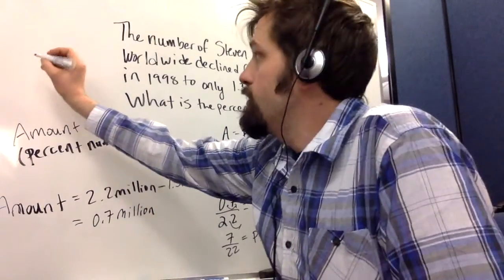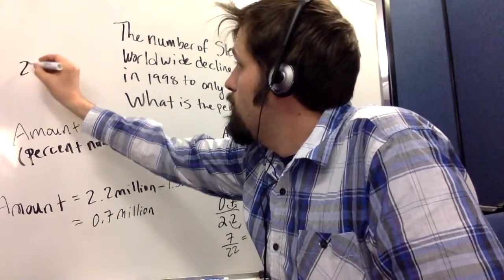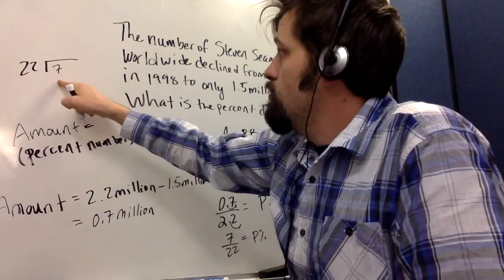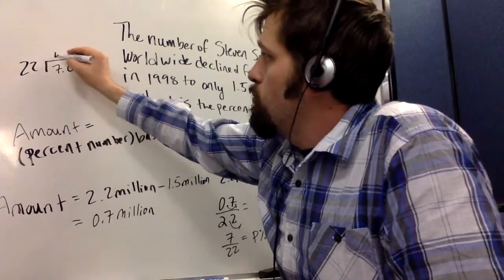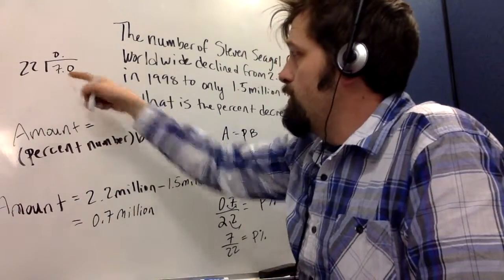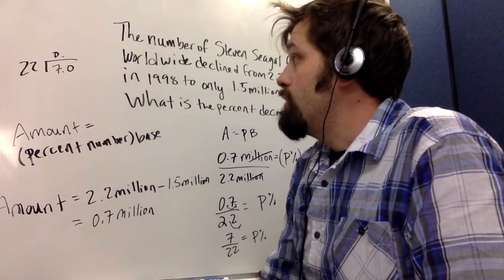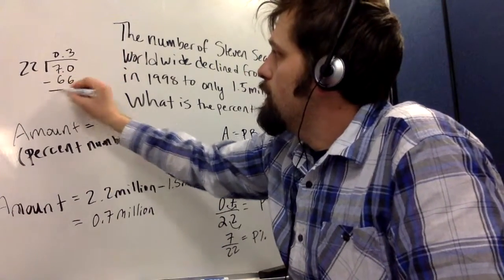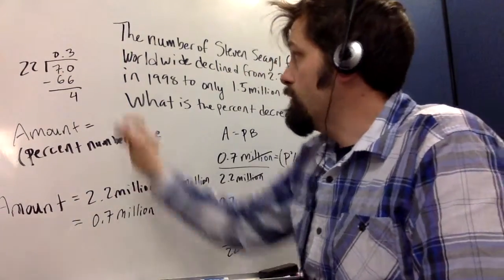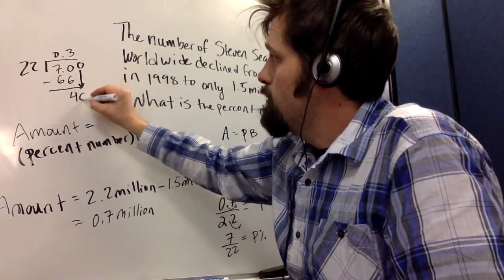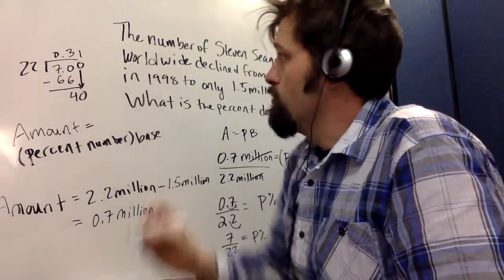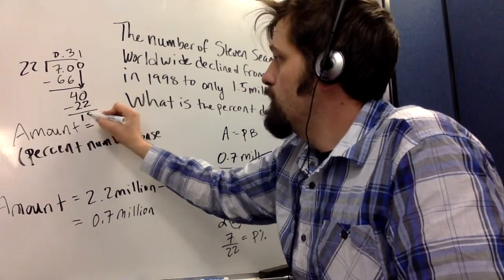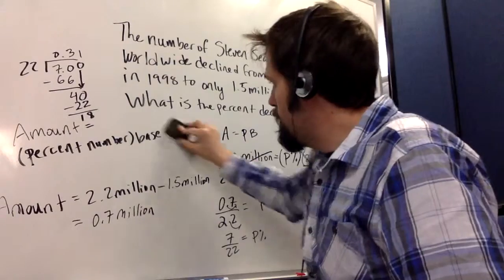I'm going to write over here. 22 is the divisor, 7 is the dividend, and I can't make any groups of 22 with 7, so I'm going to write a 0 in the ones place and put my decimal point down, and I know that I can make 3 groups of 22 and get 66, leaving me with 4 things. Now I'm going to bring down a 0. I can make 1 group of 22 with 40. That makes 18, so let me erase this.